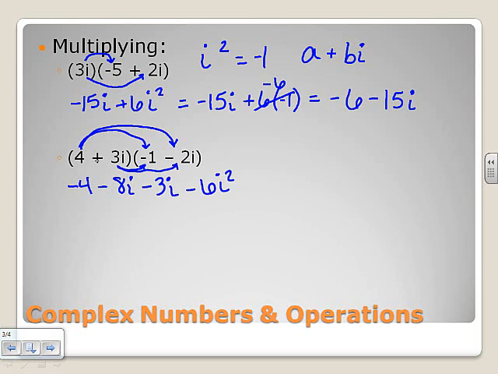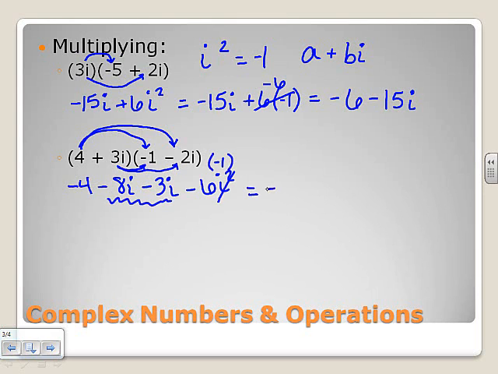It's a lot like FOIL. First, outside, inside, last. Same concept. Now we can combine together our like terms, and also i squared needs to be replaced with negative 1.